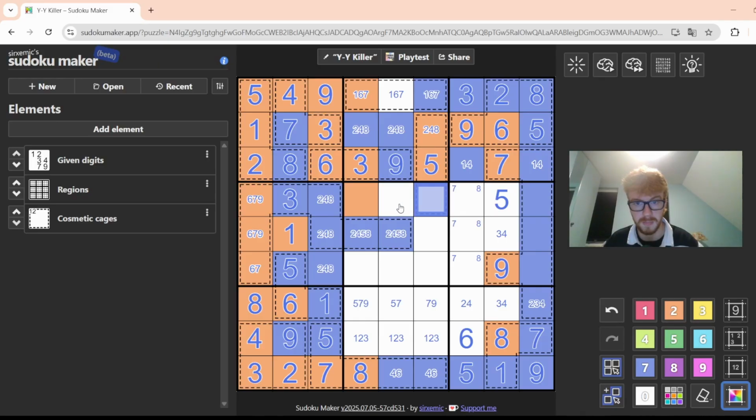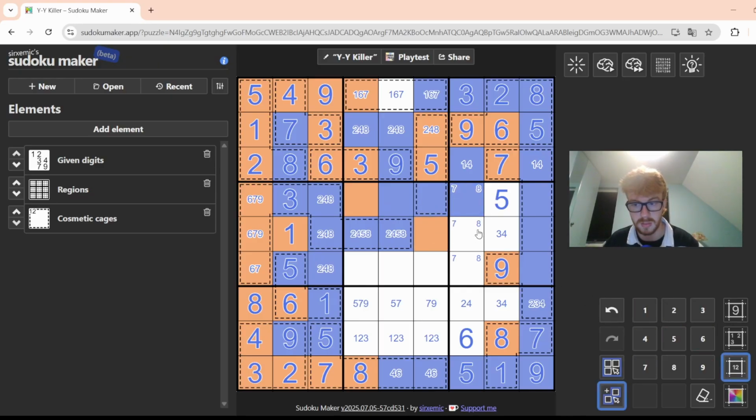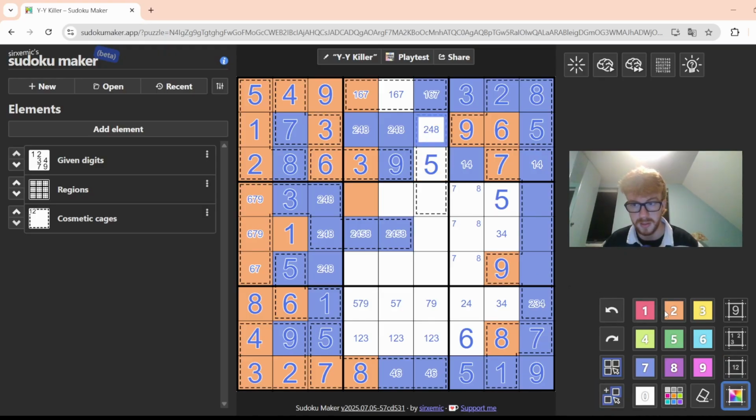Is that a problem? Then that has to be blue, that has to be blue, and that has to be orange. Right. If this one and this one have that, then this is a 1. This must be a 1. And this must be a 1. Is that a problem?